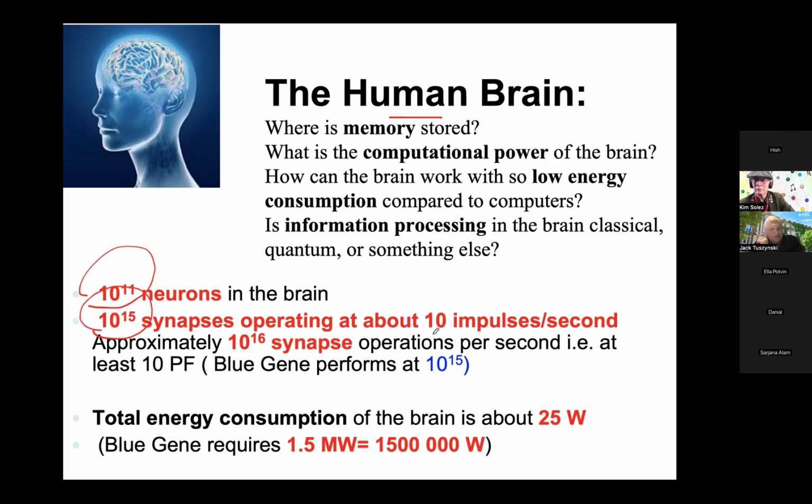Even at a modest rate of 10 impulses per second, so every 100 milliseconds an activation event takes place, you can reach something like 10 to the 16th synapse operations per brain per second, which, by the way, would outperform Blue Gene, the supercomputer built by IBM with 100,000 or more CPUs. So that's already impressive: our brain may potentially operate at a higher information processing rate than the supercomputer.